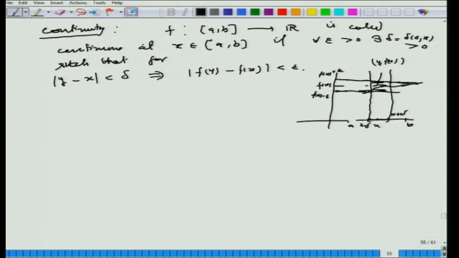So, here the continuity of a functional we will be defining in the following sense. If we consider this I(y), I will be continuous at y if we consider these neighboring variations.